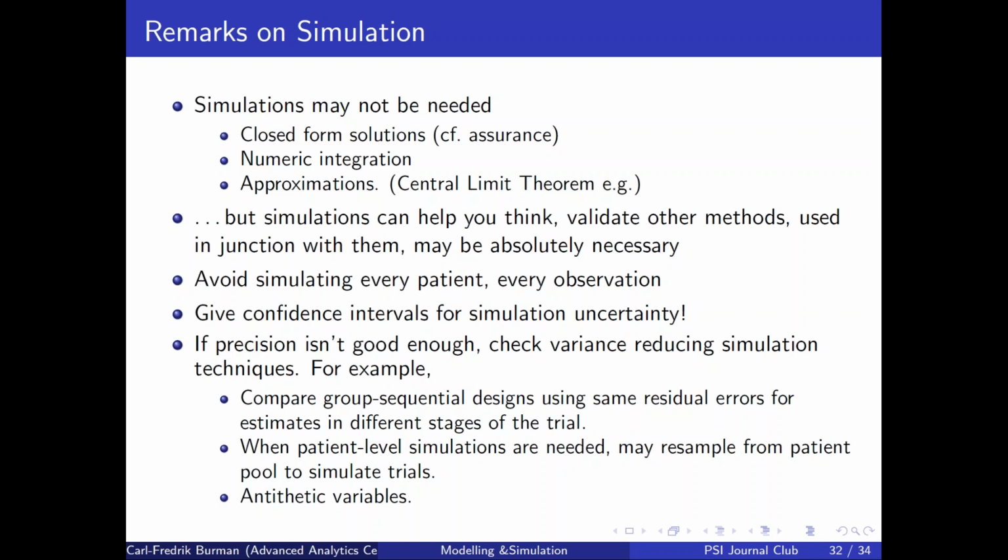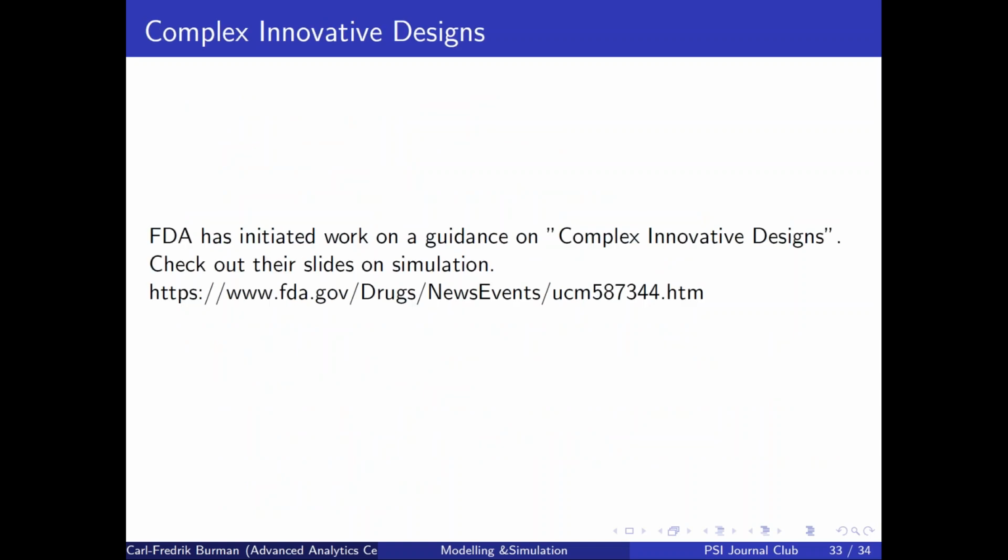And this will not do. You have to give confidence intervals. That was on Michael's list. You need to understand the uncertainty. And if you run into these problems, please try to check variance reducing techniques. FDA has a new work on complex innovative designs, so I think it's useful to look at their slides on simulations.